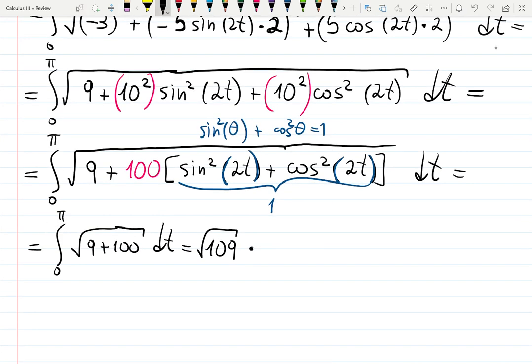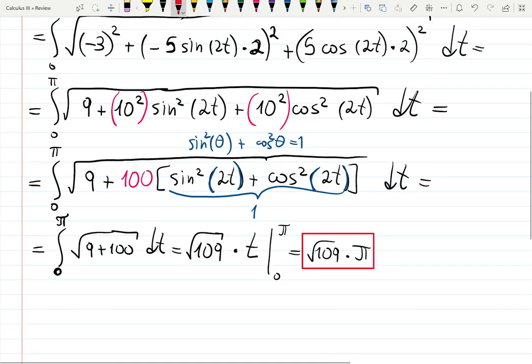Because since there is no variable, it's going to be t. T is going to be the length of the interval from 0 to pi, and the length of the interval from 0 to pi is just pi. Or you can actually write it down slowly. T, a bar from 0 to pi, the square root of 109 times pi minus 0. So that is the final answer.